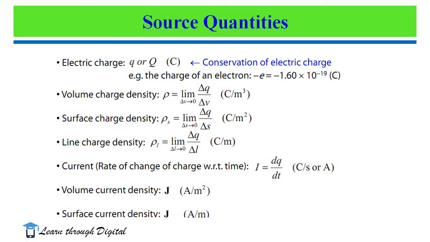Electric charge is a fundamental property of matter and exists only in positive or negative integral multiples of the charge on an electron. We know that the charge of an electron is equal to 1.60 times 10 to the power minus 19 coulombs, where C is the abbreviation of the unit of charge, coulombs.